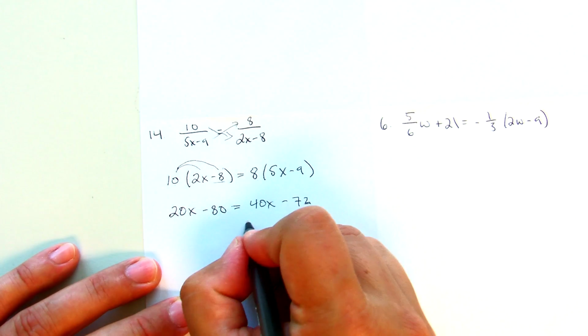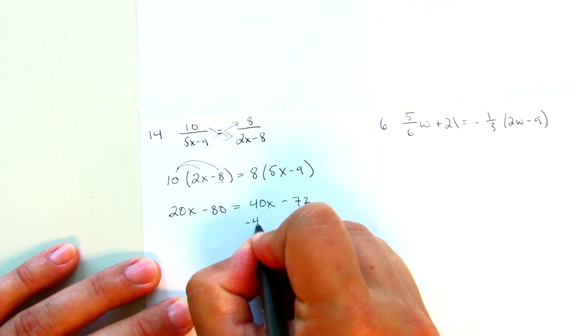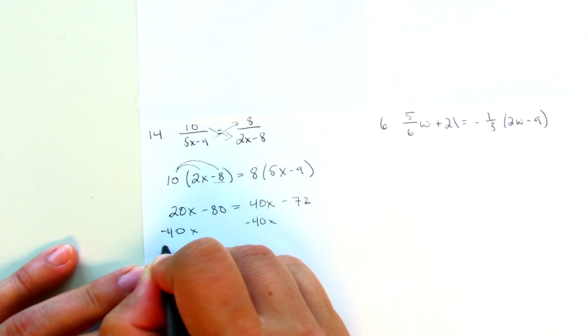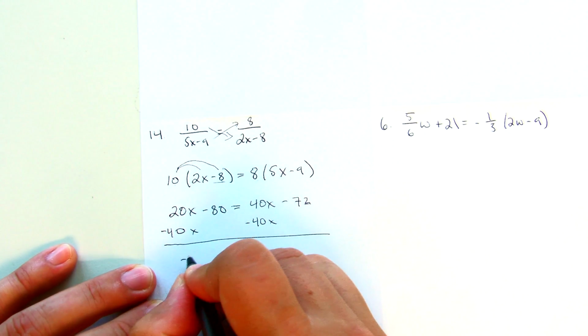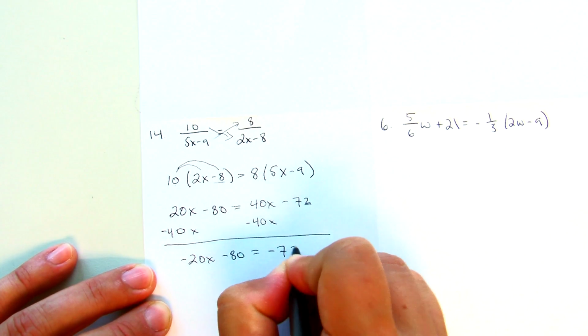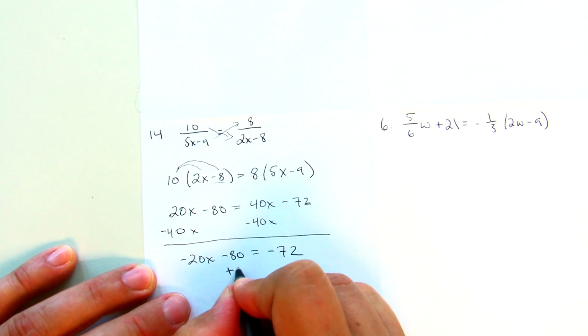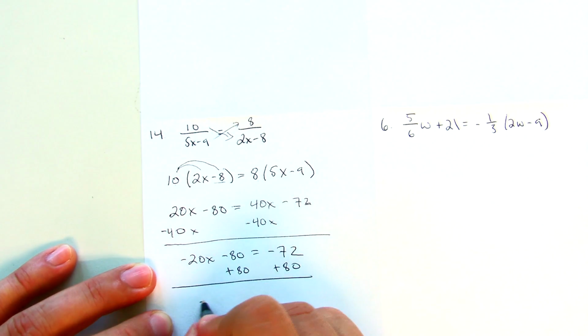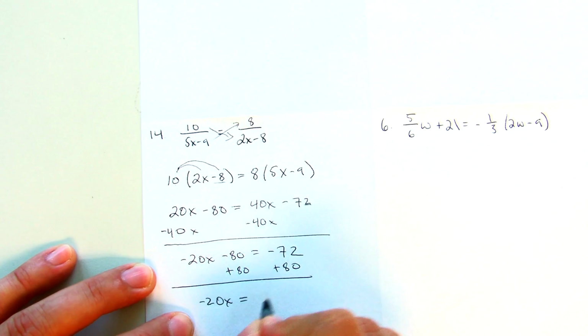Alright, let's get numbers on one side. Minus 40x. I always put x's on the left, but it doesn't really matter. Get negative 20x minus 80 equals negative 72. We'll add 80 to both sides to get constants on the other side. So negative 20x equals 8.